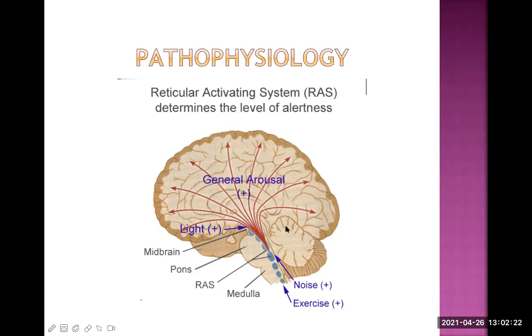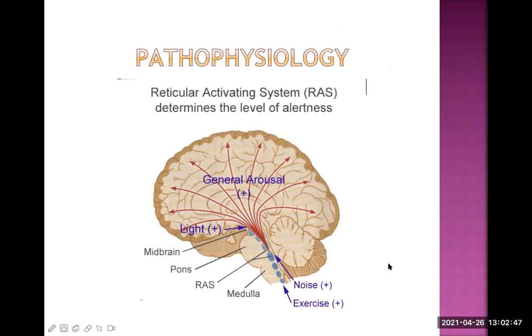And they have connection in the thalamus, and through the thalamus, they are supplying the whole cerebral cortex. They are activated by noise, exercise, light, and overall general arousal of the patient. Okay, and they maintain the alertness of the patient by activating the cerebral cortex.